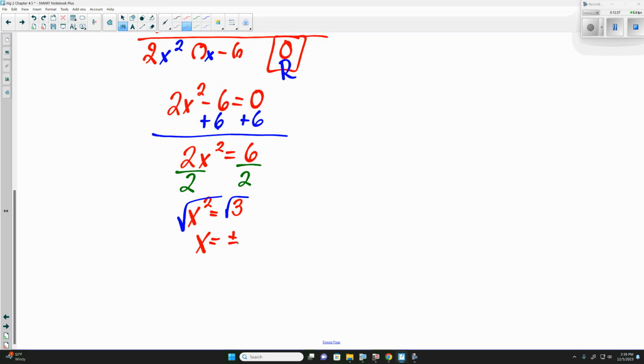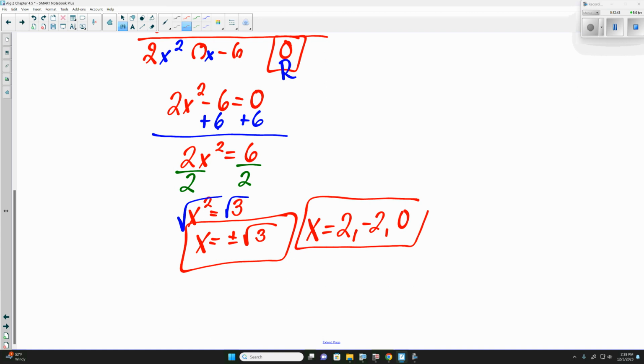And the square root of 3 is square root of 3. It doesn't reduce. So plus or minus the square root of 3 is 2 of our solutions. The other solutions are 2, negative 2, and 0. So for our degree 5 polynomial function, we got 5 solutions.